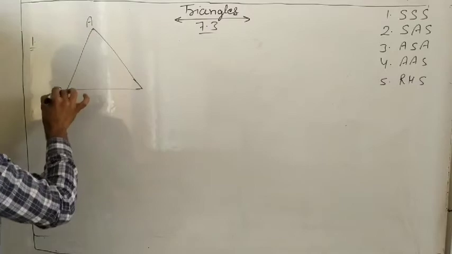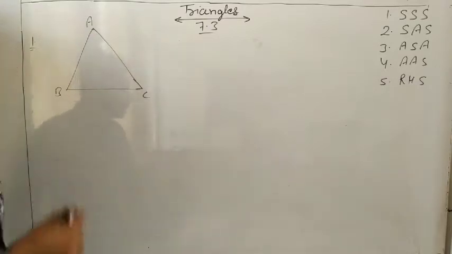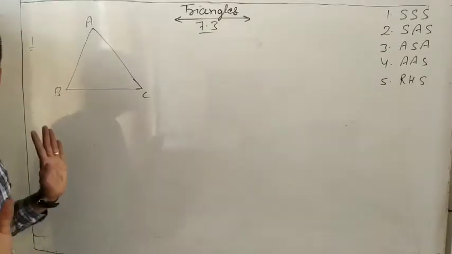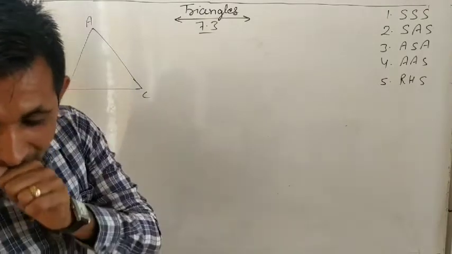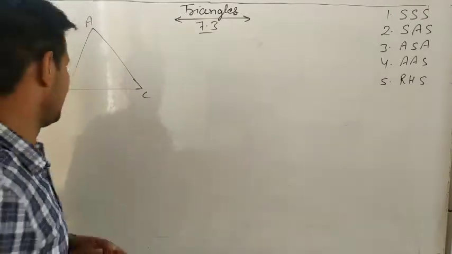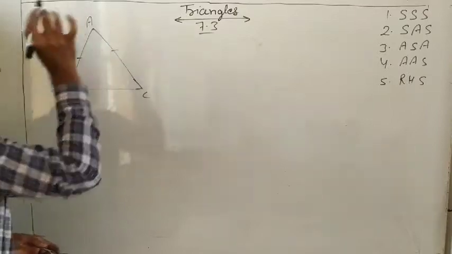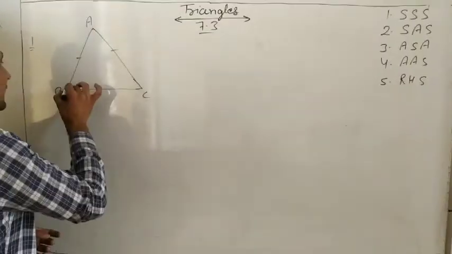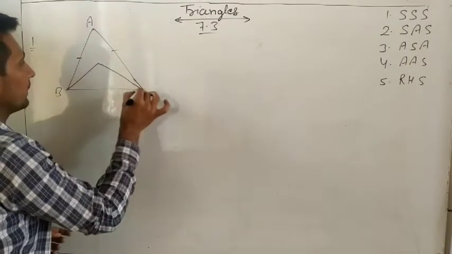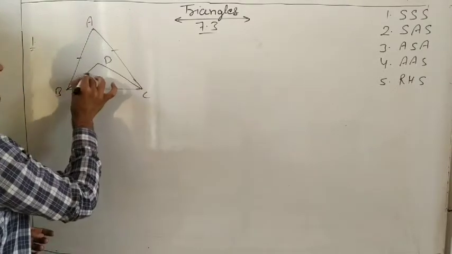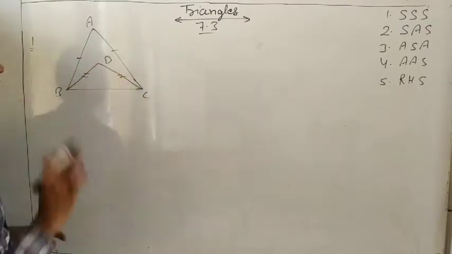ABC is an isosceles triangle, in which isosceles means two sides are equal. It means AB equals AC, and second is DBC, it means BD equals BC.